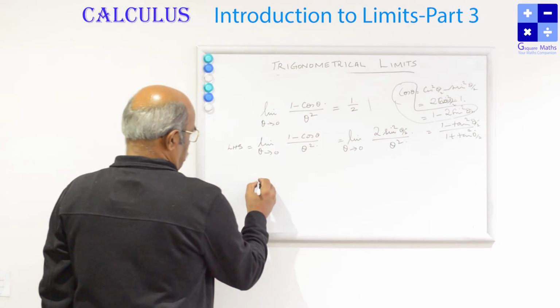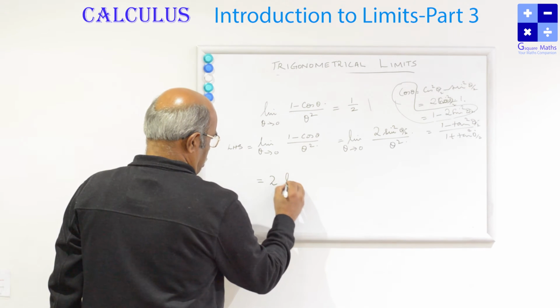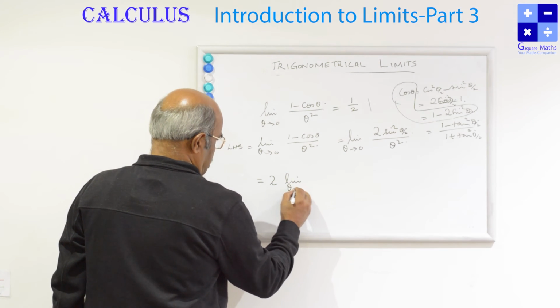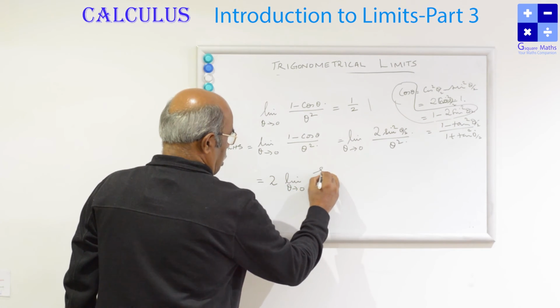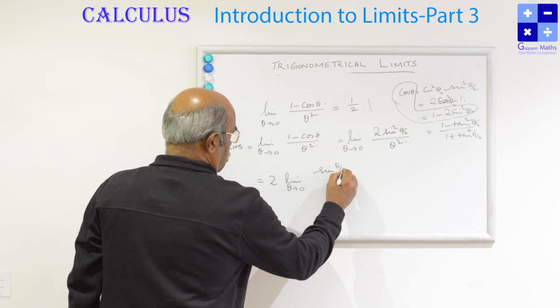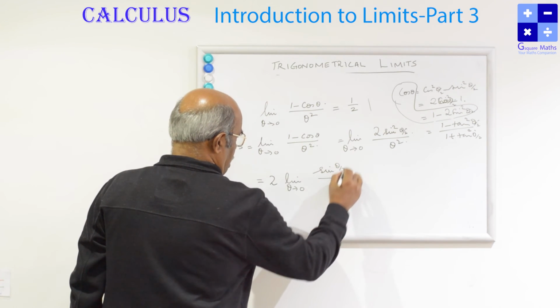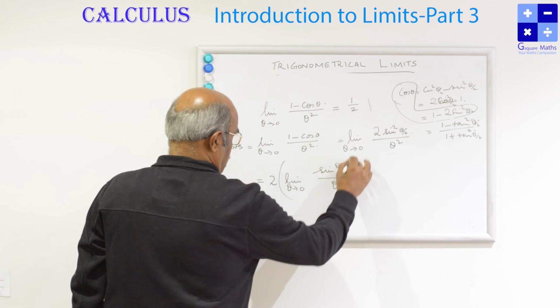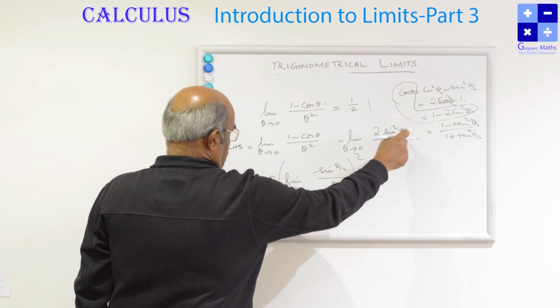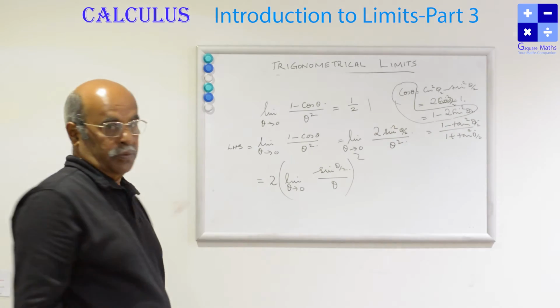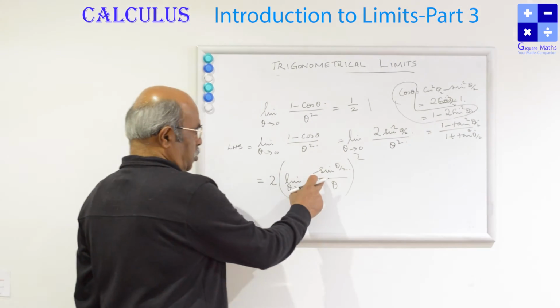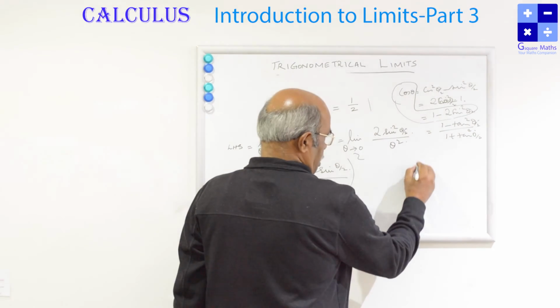So that is equal to 2 into limit theta tends to 0, (sin theta by 2 by theta) whole square. Sin square, theta square, I am taking the square at the top. Now we have to bring that to the standard form.